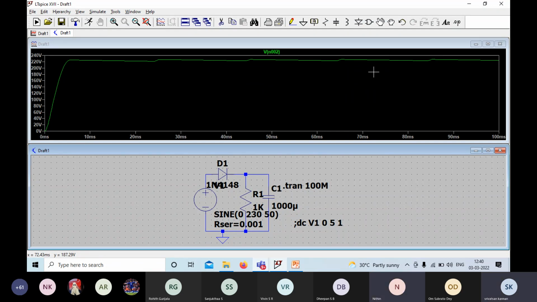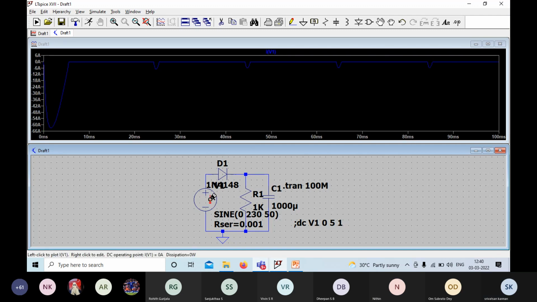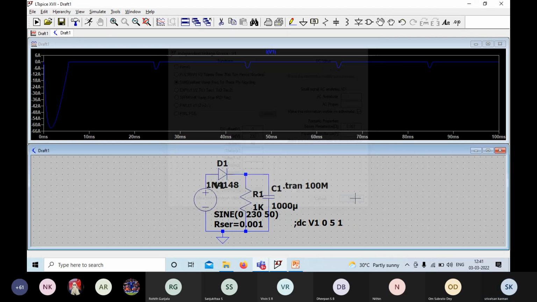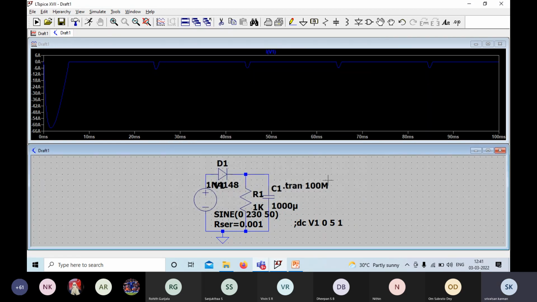That is the internal resistance of the power supply. 230 volt is a standard power supply from the office. So it is a 230 volt, 50 hertz sine wave, and the series resistance is 0.001. This is just for our convenience. Okay, sir. Thank you.